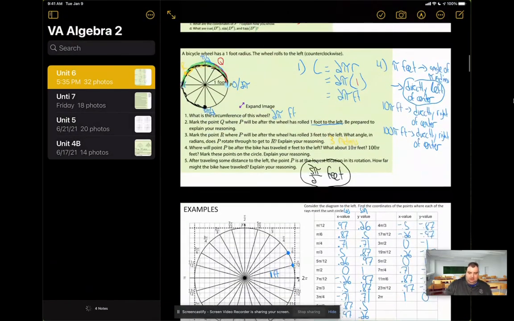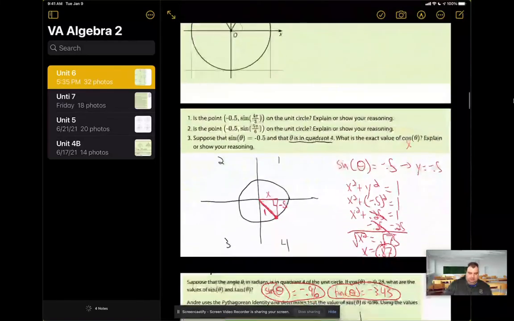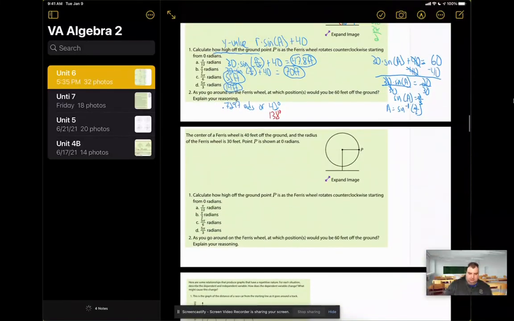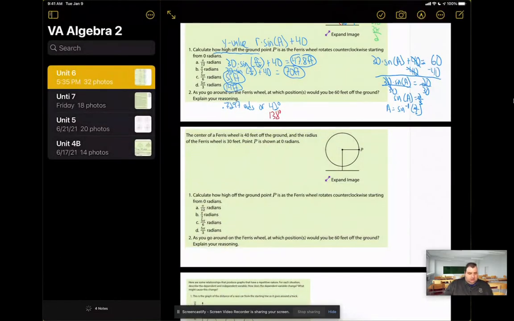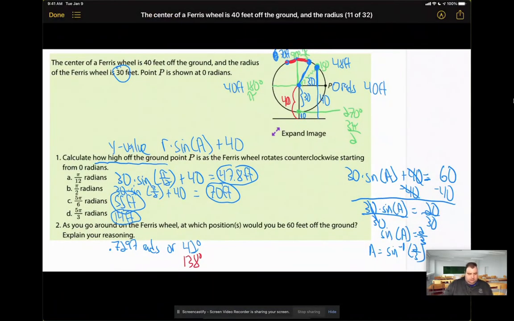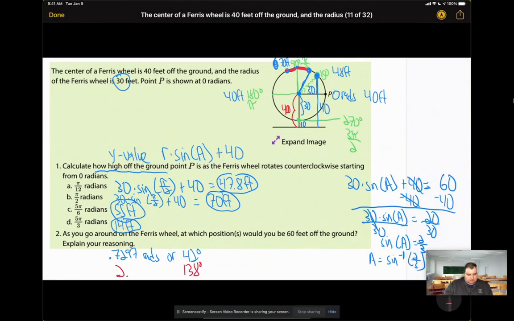So, in summary, as you go around on the Ferris wheel, which positions would you be 60 feet off the ground? It'll be at 42 degrees and 138 degrees.